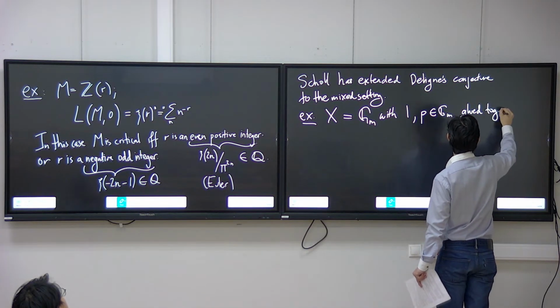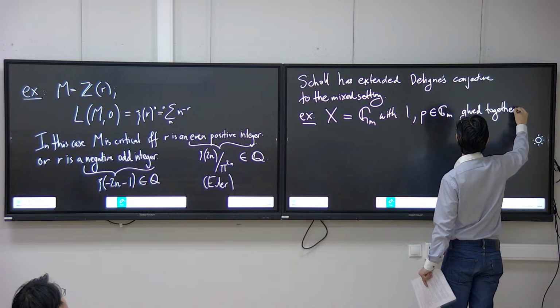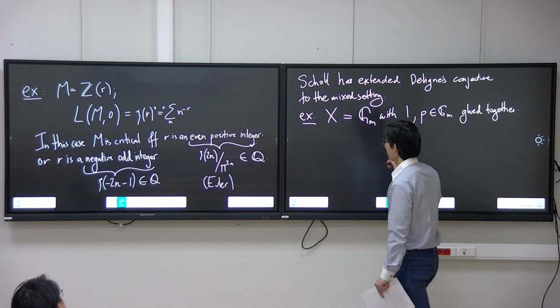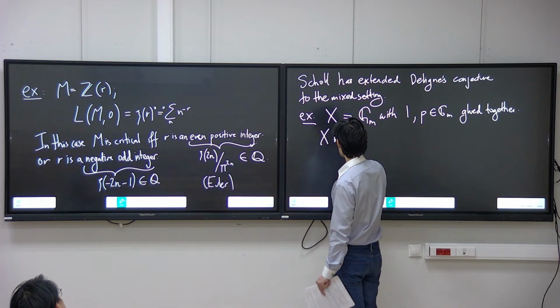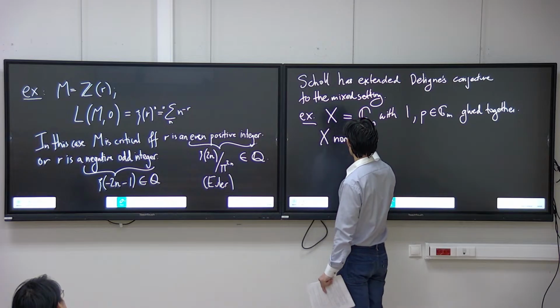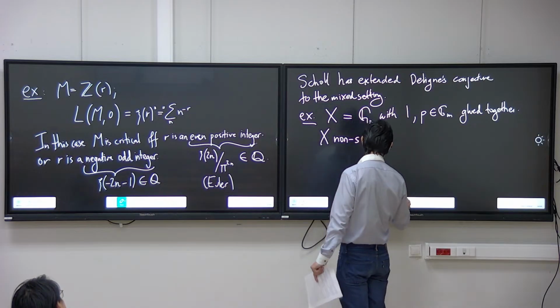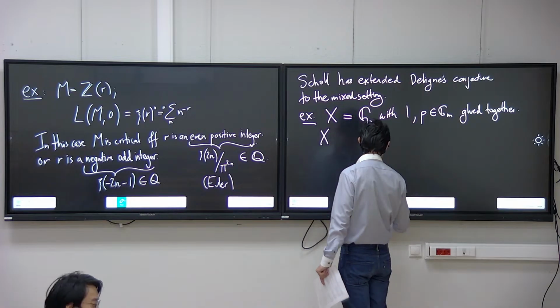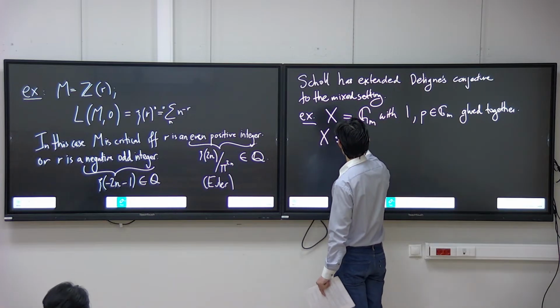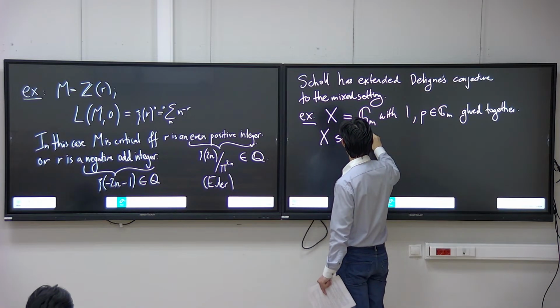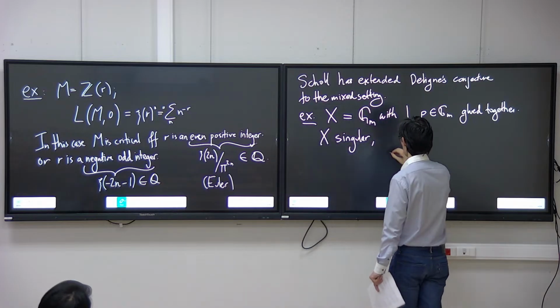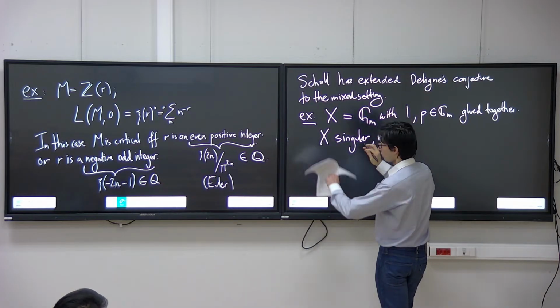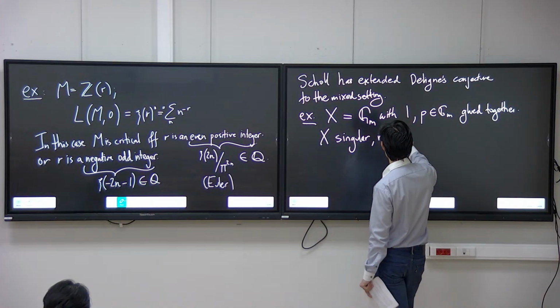So this is some kind of nodal curve. And because they're glued together, X is non-singular because it's not flat. Sorry, it's singular. Also it's not projective, so it's well away from the pure case.